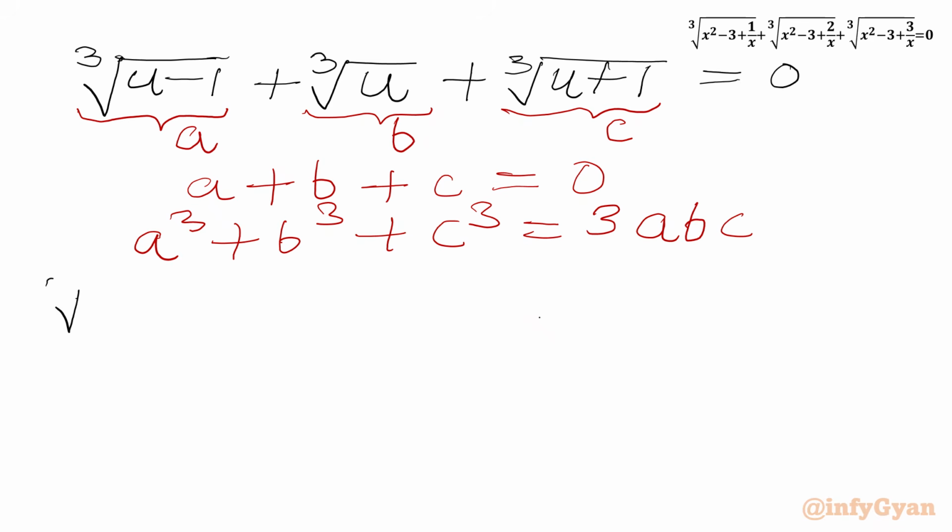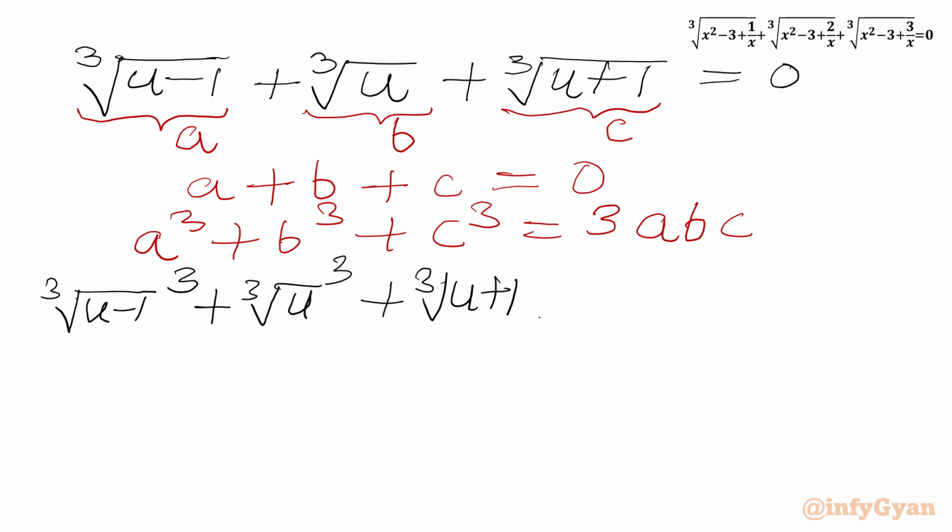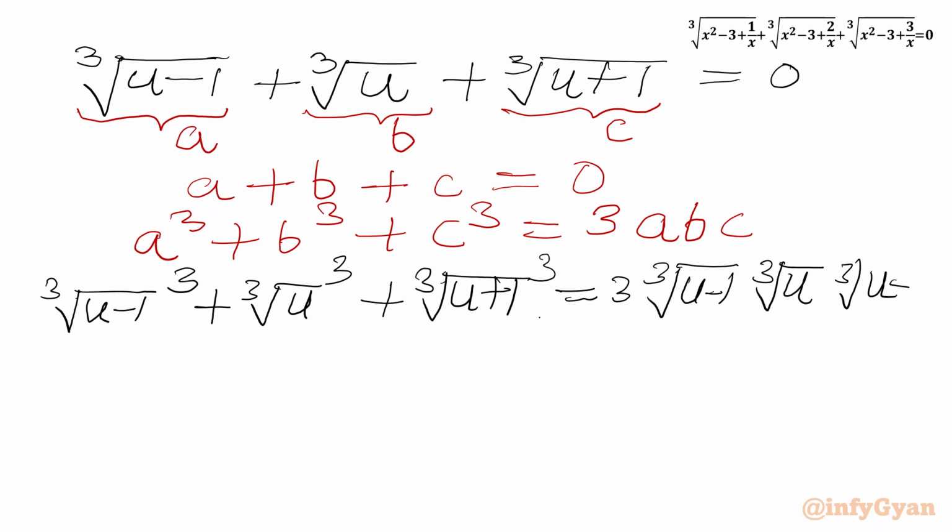We will get cube root of u minus 1 whole cube, this is A cube, plus cube root of u whole cube, this is B cube, plus cube root of u plus 1 whole cube, this is C cube, equal to 3 times cube root of u minus 1 times cube root of u times cube root of u plus 1.